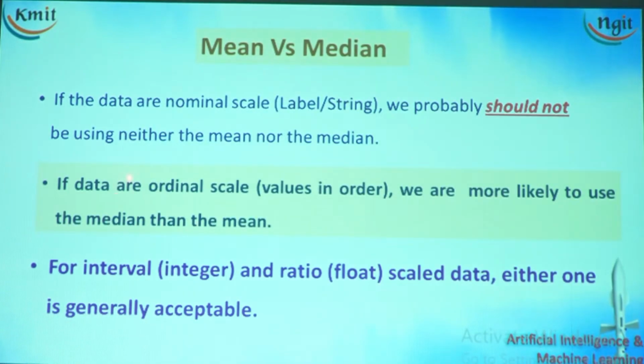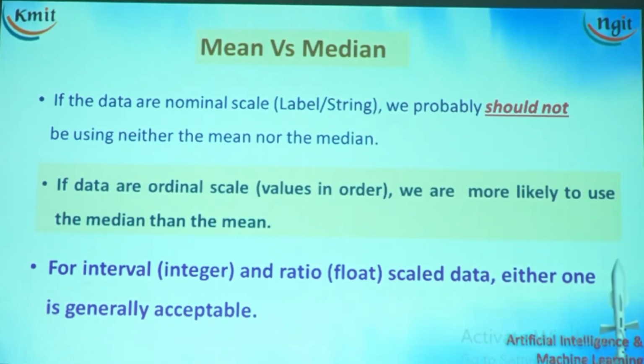Now, if it is in ordinal scale, that means values are in order. When you know what comes after another, it is supposed to be in an order, then you will select median, because location-wise median is going to give you the answer, value-wise mean is going to give you the answer.